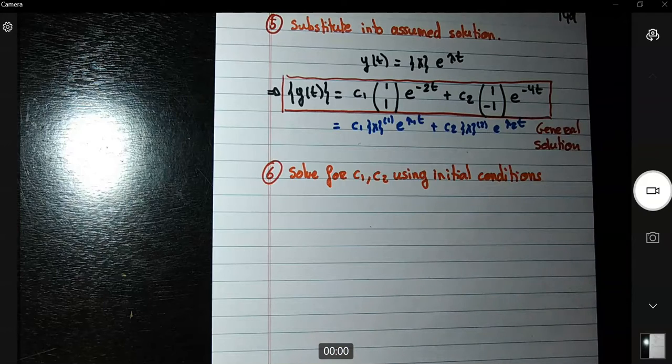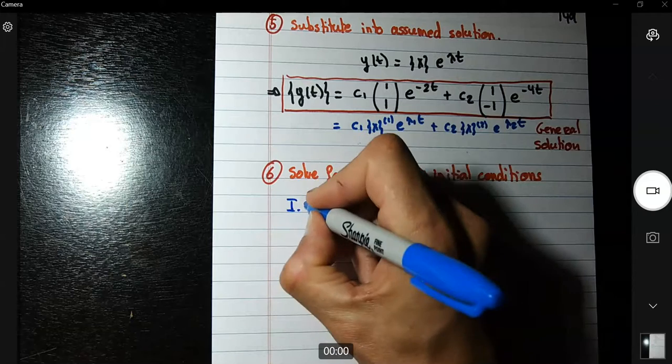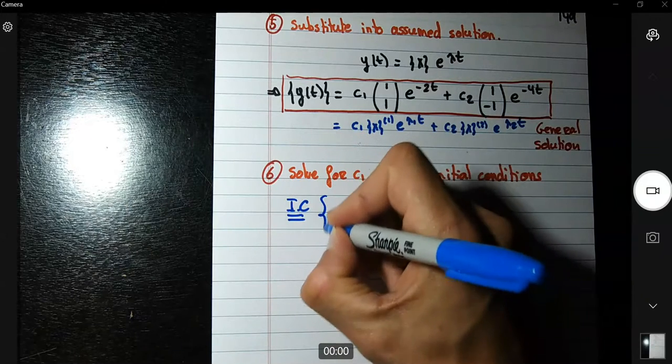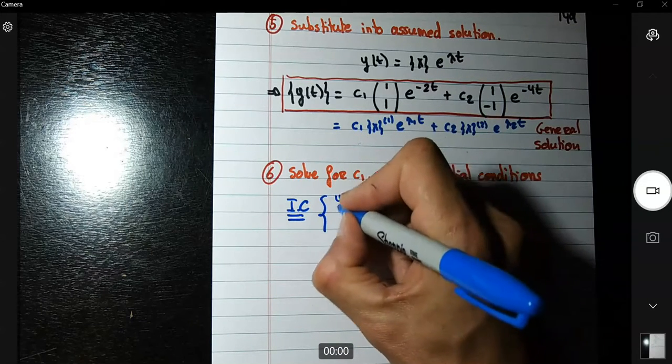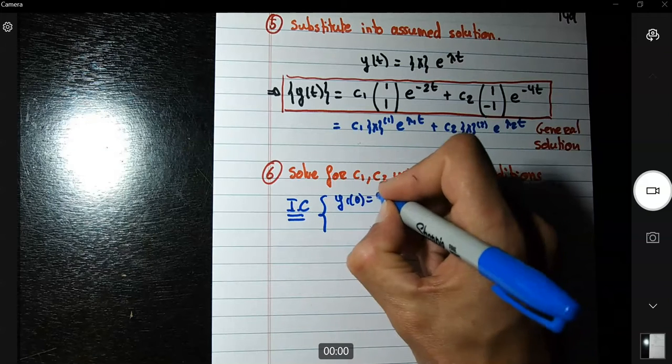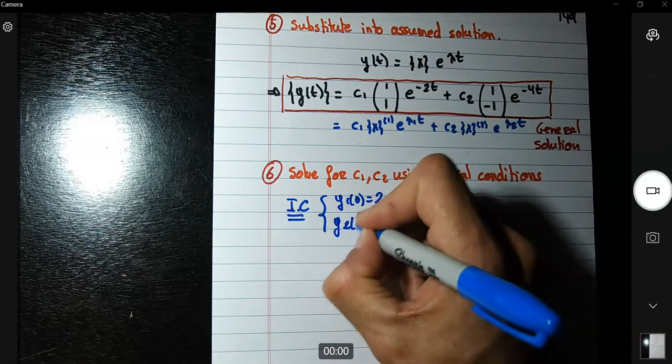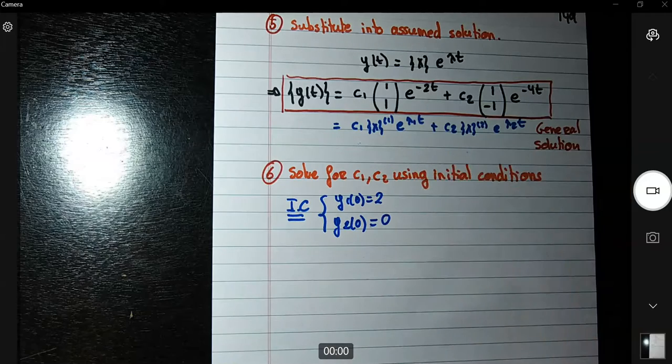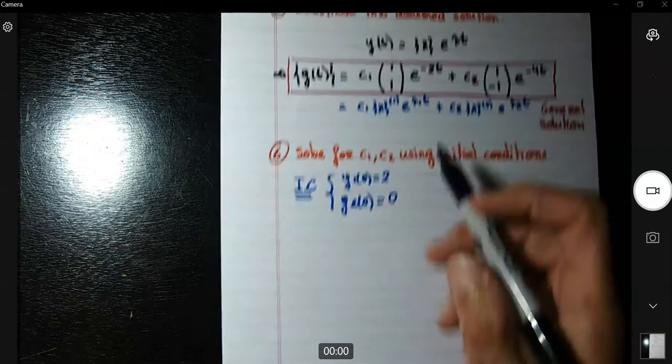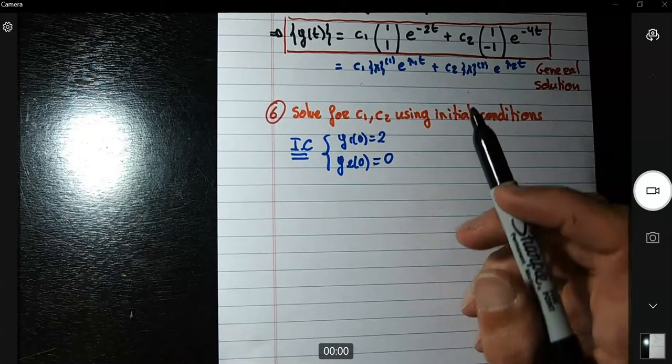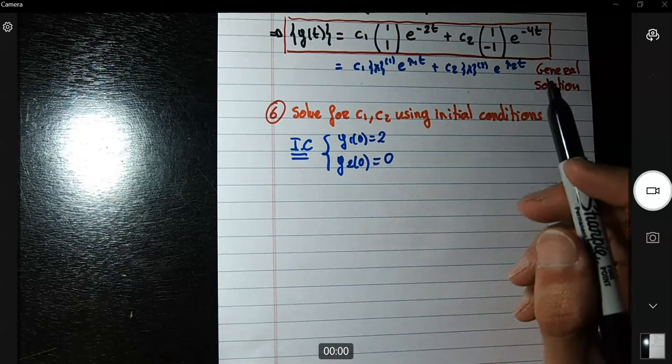So the two initial conditions for this problem, if you remember, one was non-homogeneous, which was the first one, but the second one was homogeneous.